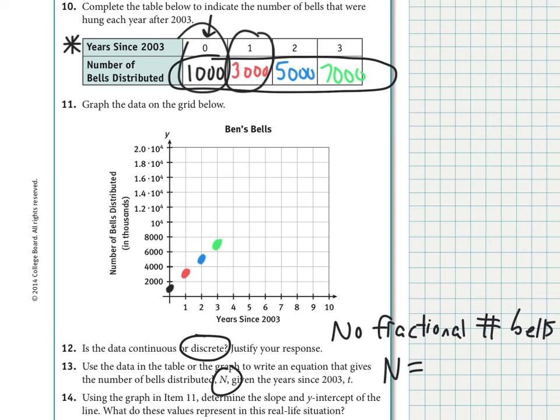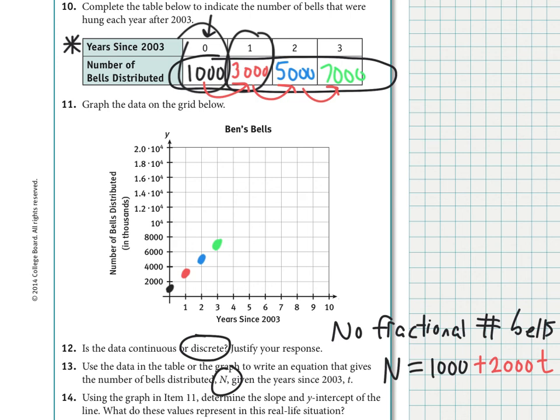And then what's the rate of change? We are starting with 1,000, and then each year they are adding 2,000. So we start with the 1,000, then we could say plus 2,000 times t. t again is the years since 2003.